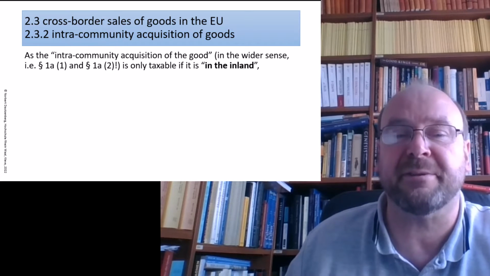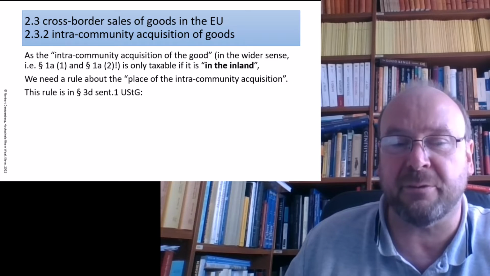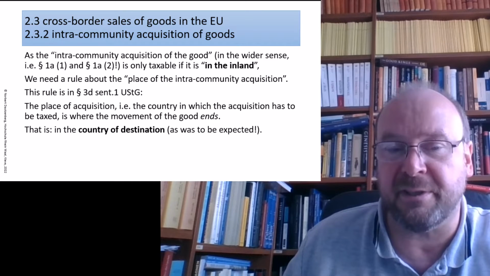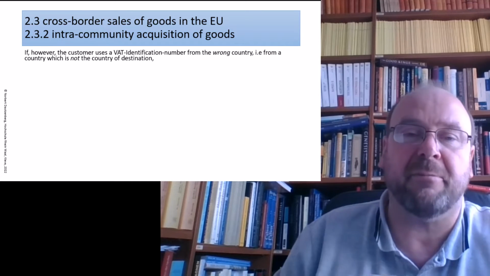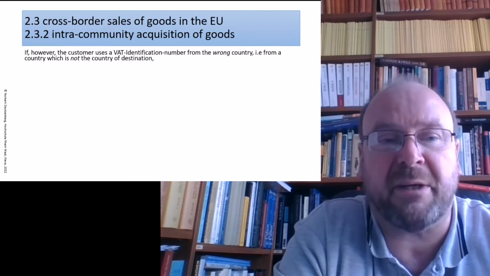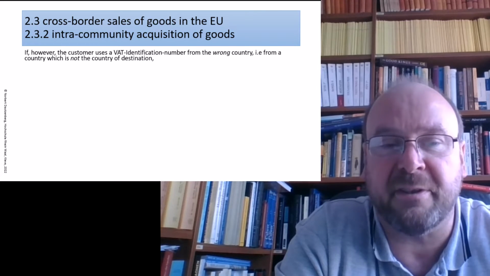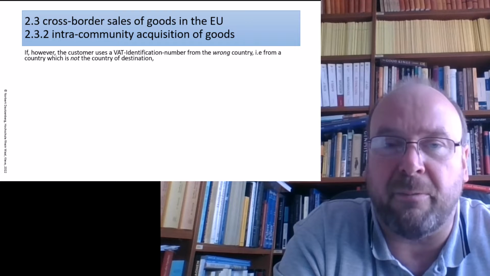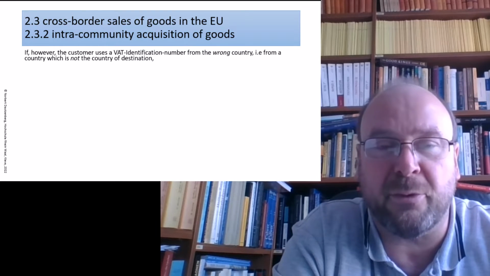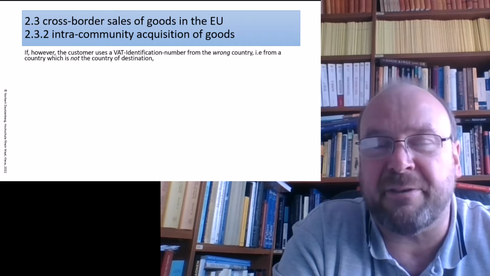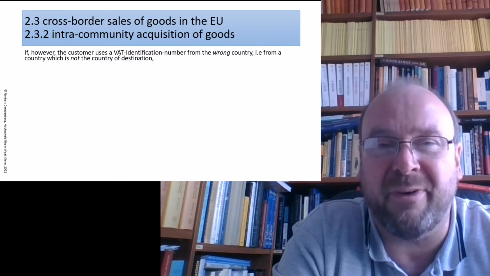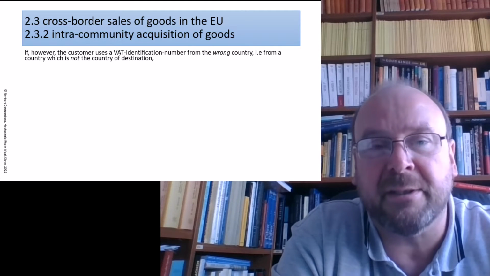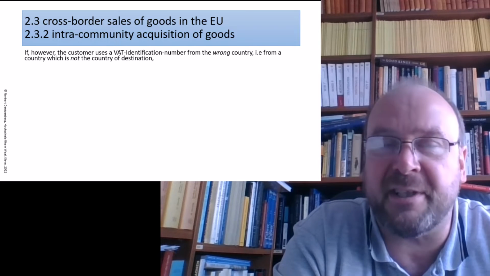As the intra-community acquisition must be in the inland, we have that rule about the place in 3D sentence 1, which we already mentioned. Please remember that. I told you about the intra-community acquisition, that it needs a value-added tax identification number, and now this also is necessary for control purposes. And so if the customer uses a VAT number from the wrong country, you can create chaos for the whole control mechanism to check if such things have been done correctly.